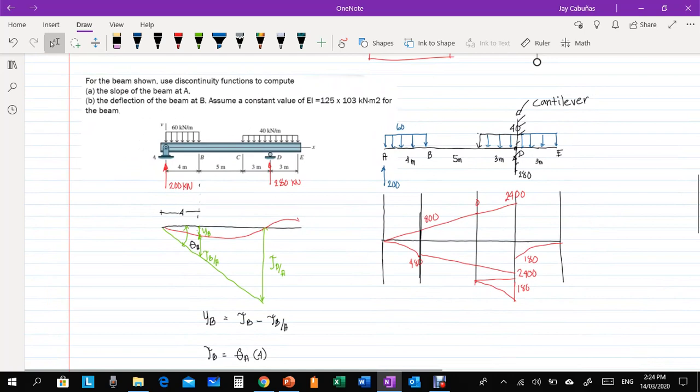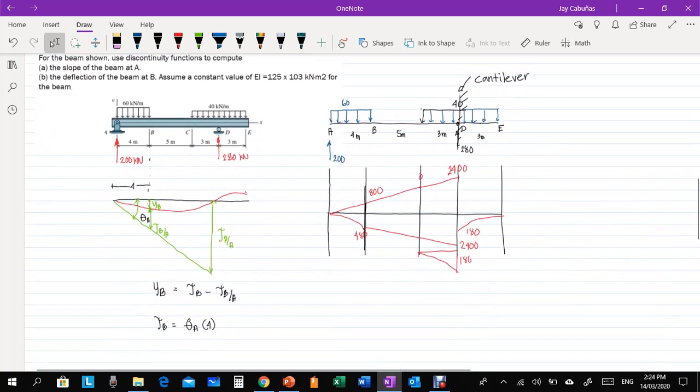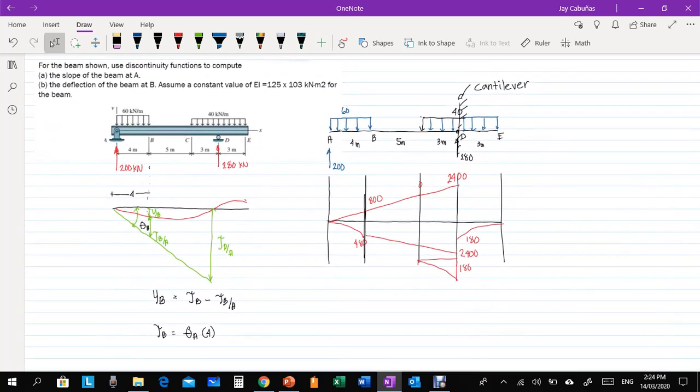Next example, we have for the beam shown, use discontinuity function to compute. Okay, this example is the same example we solved earlier using the double integration method. First compute the slope of the beam at A, then the deflection of the beam at B. Assume a constant value of 125 times 10 raised to the 3 kilonewton square meter for the beam.